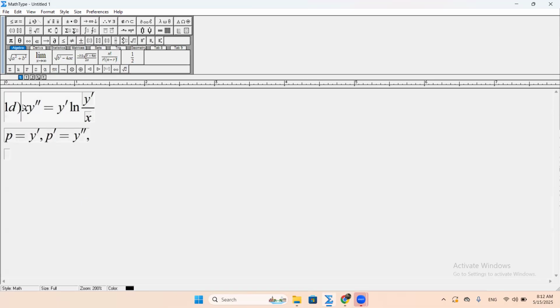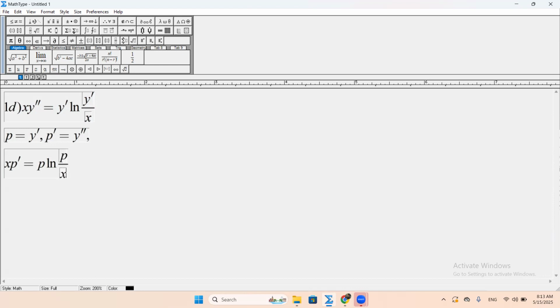So now substituting into this equation: x p prime equals p logarithm of p over x.